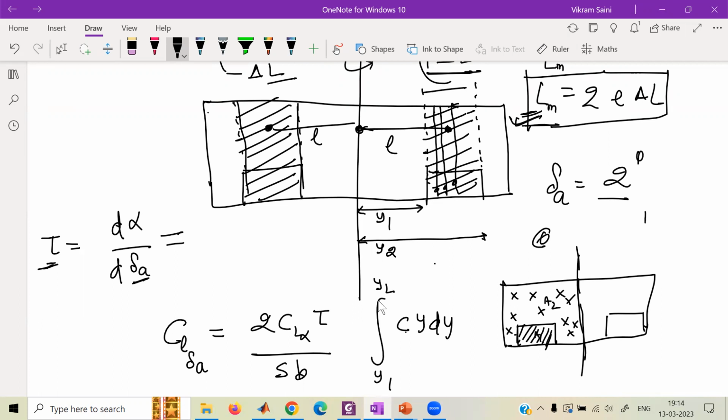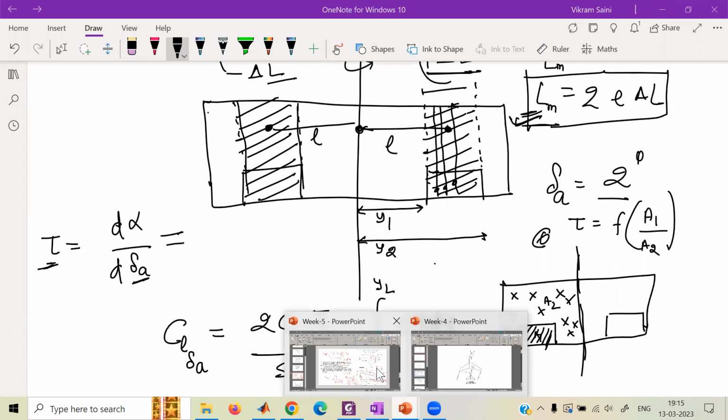So control surface area divided by the lifting surface area gives a certain number, and this ratio dictates tau. So tau is a function of this ratio, and the graph is given like this.